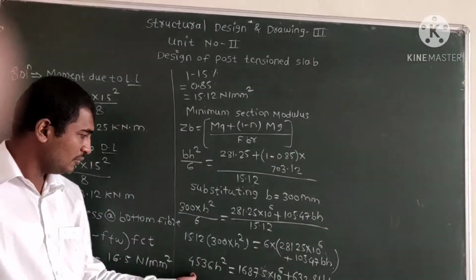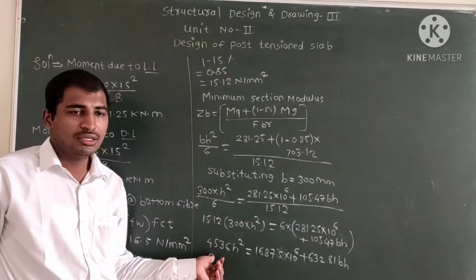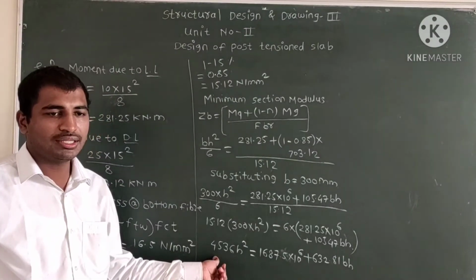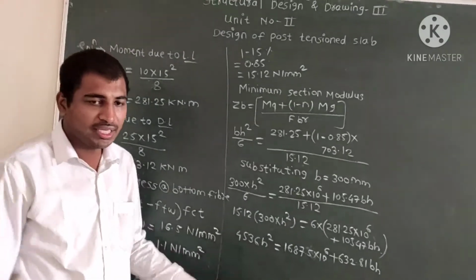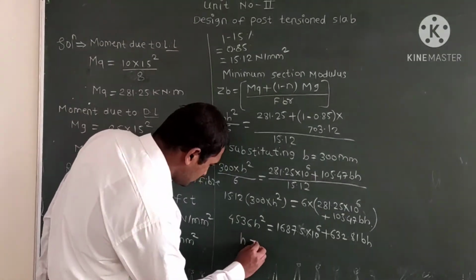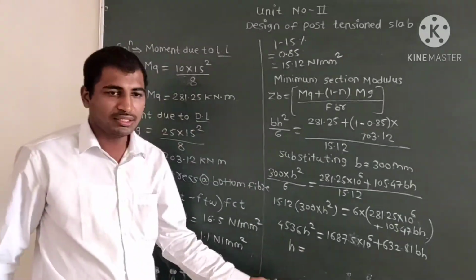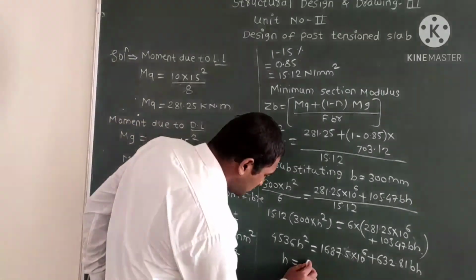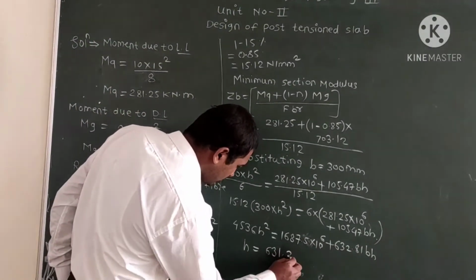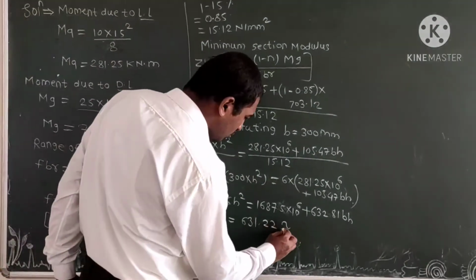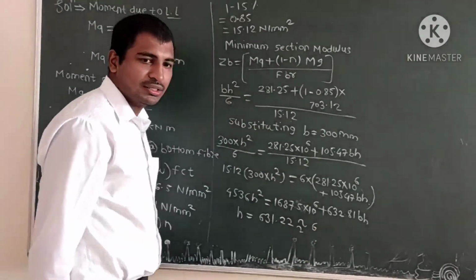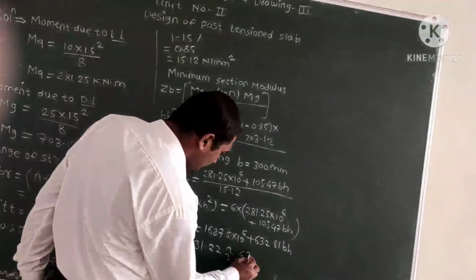Then next is 4536 H square. Solving this equation, we get H as 631.22, which is approximately equal to 635 mm.